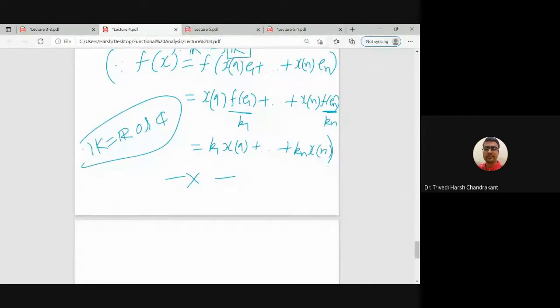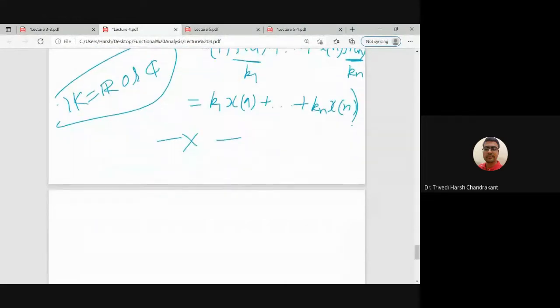So let us see some examples which we have not studied earlier. First example: let us consider some vector spaces to define these linear functionals.